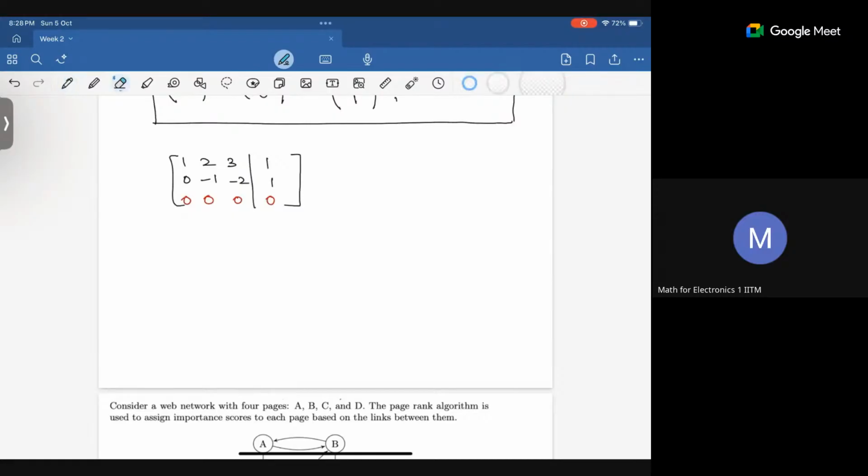Okay, so if you have any matrix, something like this. The pivot element is the first non-zero element in every row. So what is the pivot element?